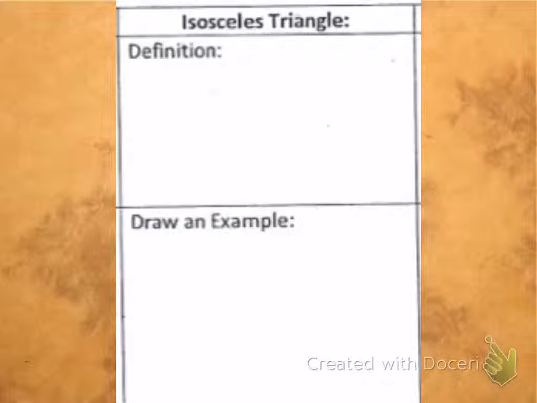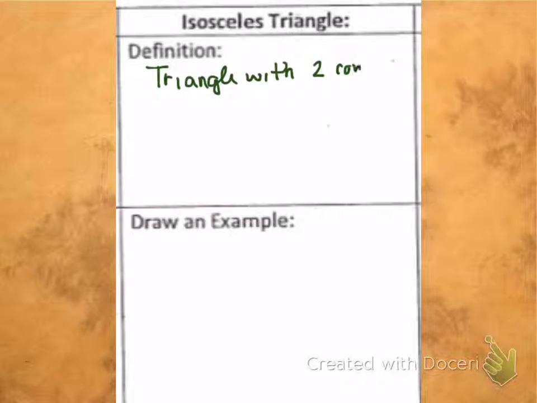The next would be the isosceles triangle, and that would be a triangle with two congruent sides and as a consequence of it having two congruent sides, it will have two congruent angles.